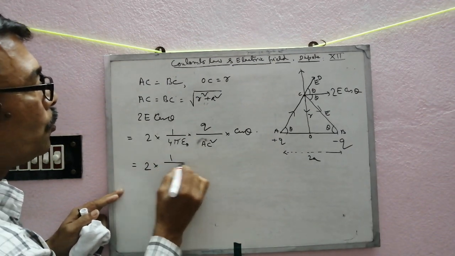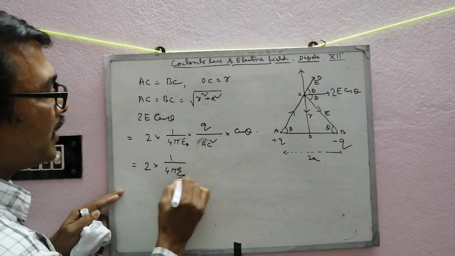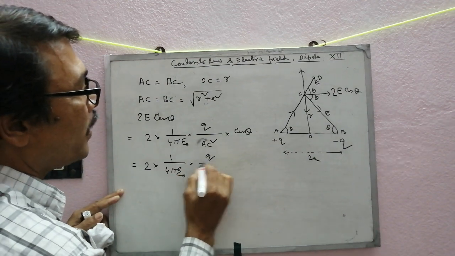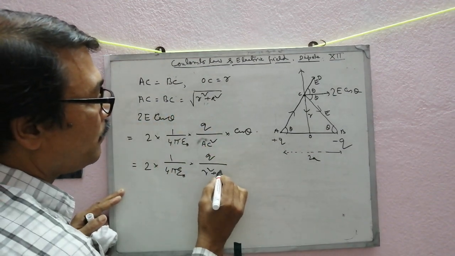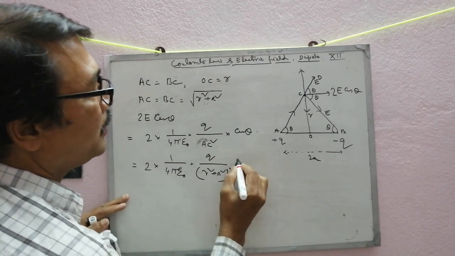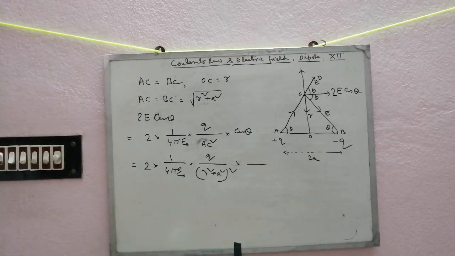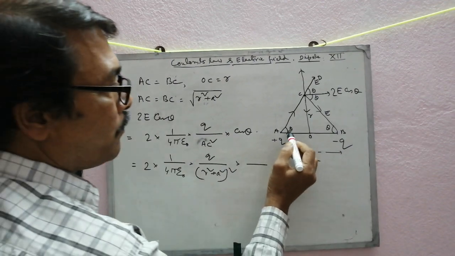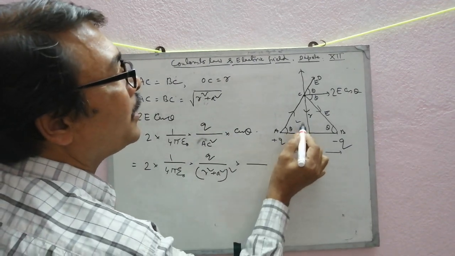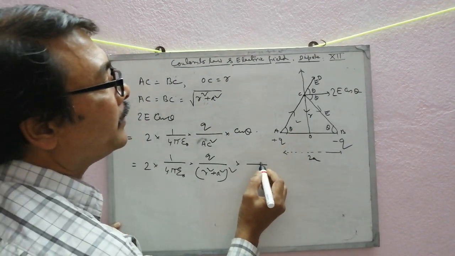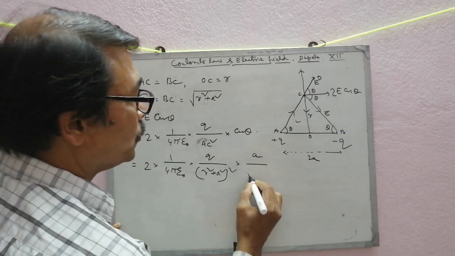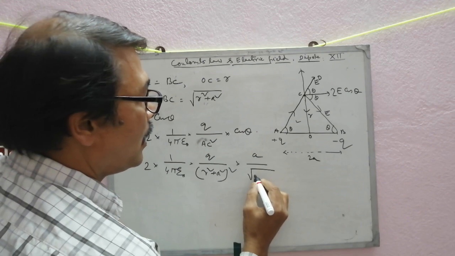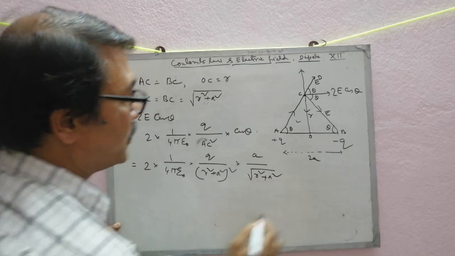So 2 into 1 by 4 pi epsilon naught Q by R square plus A square, into cos theta. From this triangle, cos theta equals A by root over R square plus A square.